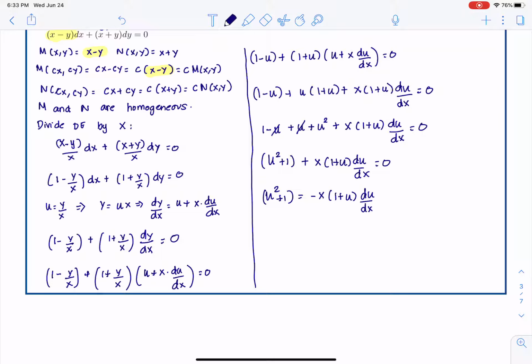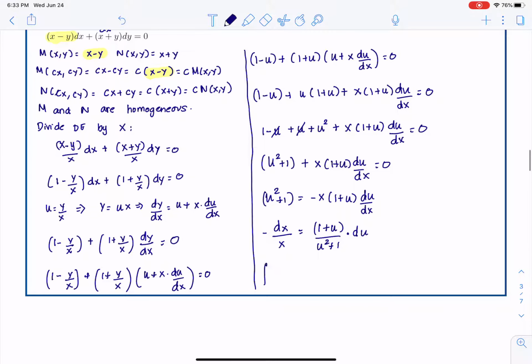That is a separable equation, so if I rearrange the terms, I would have negative dx over x equal to (1 plus u) over (u squared plus 1) times du. Now all we have to do is integrate on both sides. So the integral of minus dx over x equals the integral of (1 plus u) over (u squared plus 1) du.